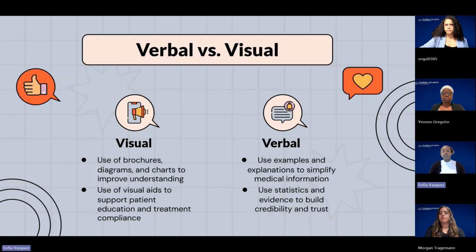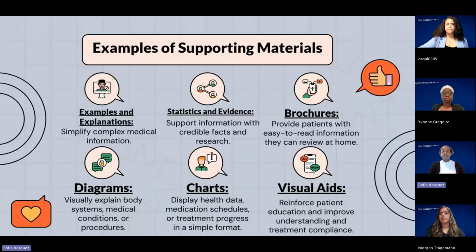Verbal supporting materials refers to the examples and explanations that we use to help simplify medical information. By using these methods and adding statistics and evidence to them, we're able to build credibility and trust with our patients. Some examples of these supporting materials, as mentioned, are examples and explanations. We can use them to help simplify medical information.